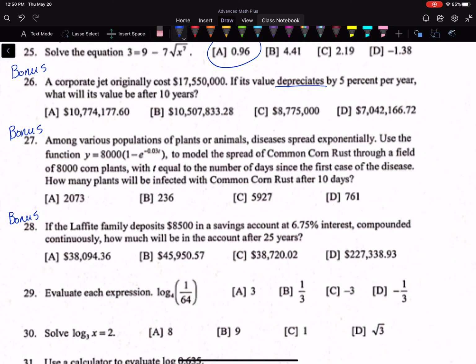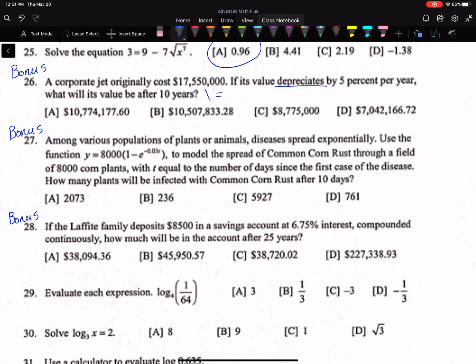And so here's the formula that you would need to know. The amount is going to equal the principal, or what should I say? Let me say, instead of saying A, let's say V, the value of it.